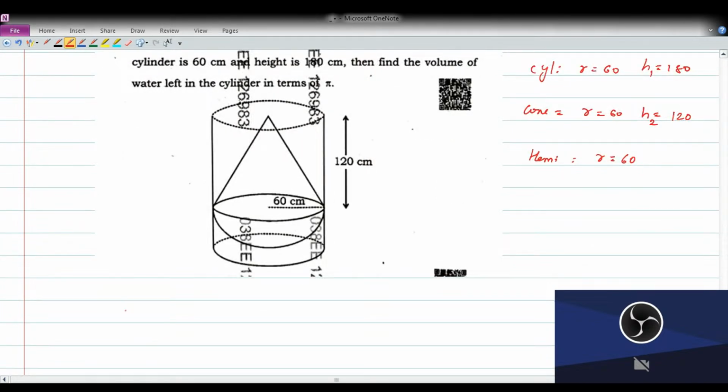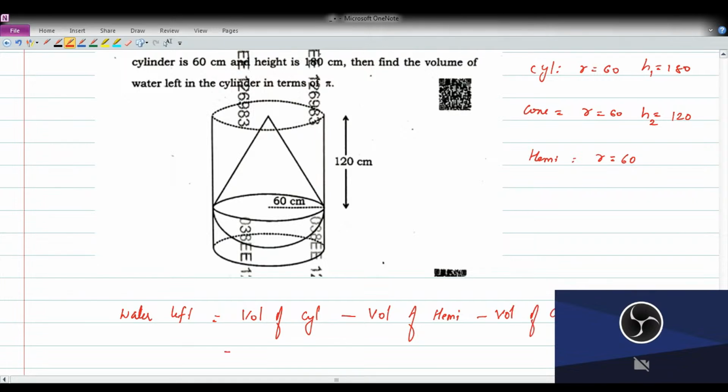So what is the required volume? Water left is equal to volume of cylinder minus volume of hemisphere minus volume of cone.